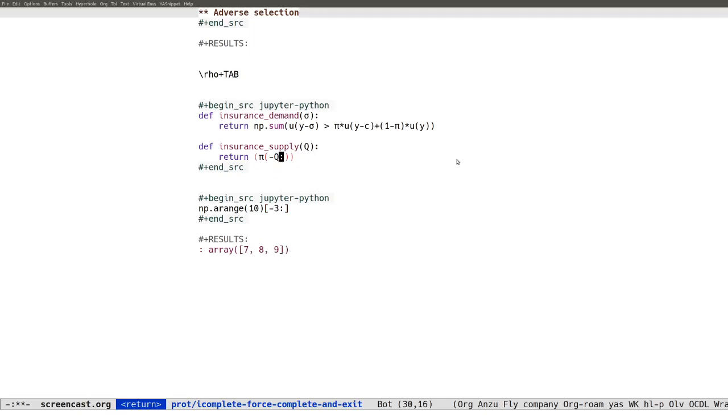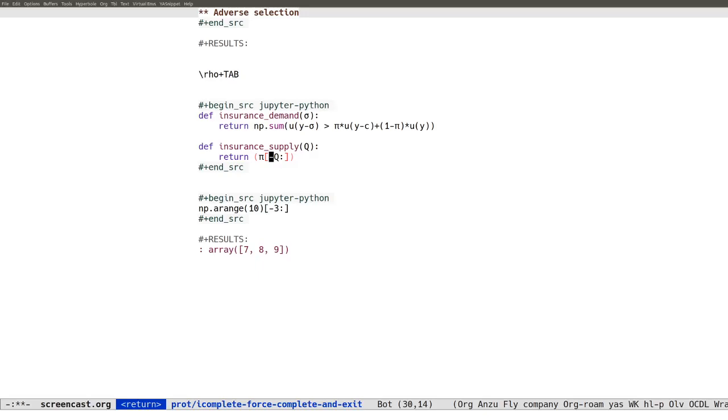So here, from the vector pi, I'm looking at the last q elements.